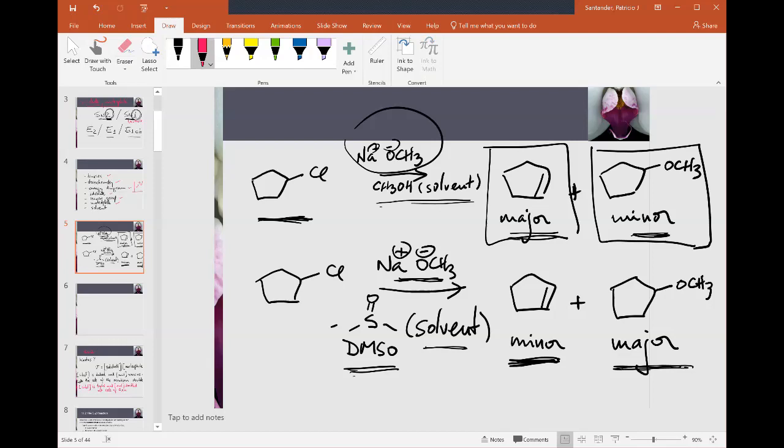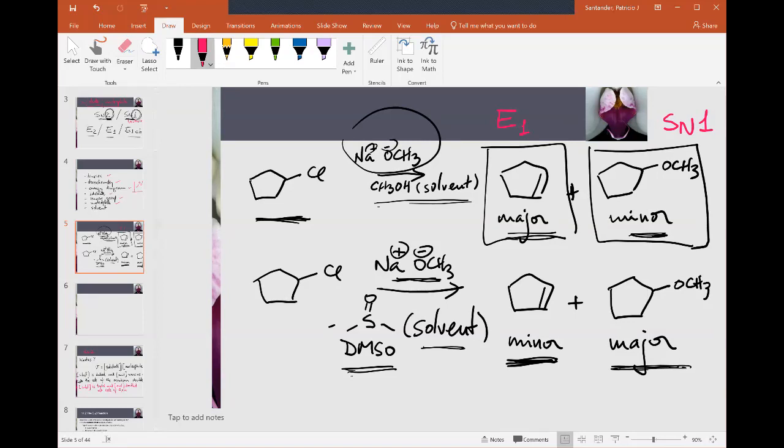You see, the major product that you get with the reaction on top, that is actually an elimination product that is produced by an E1 elimination mechanism. While the minor product that you get, this is the substitution product that is derived from a mechanism that goes SN1. It will be an SN1 mechanism.